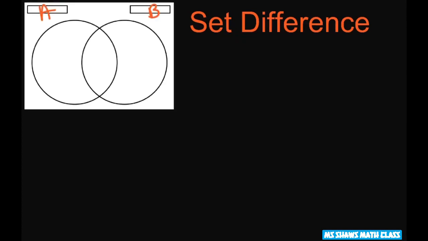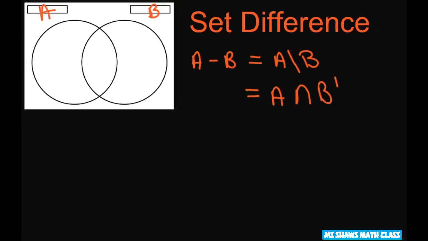Set difference is like this: A minus B, or A take away B. A take away B equals A and not B. So that means elements in set A that are not in set B. So here are the elements in A. You shade that, but we have to take away the ones that are also in B, and it would just be this.